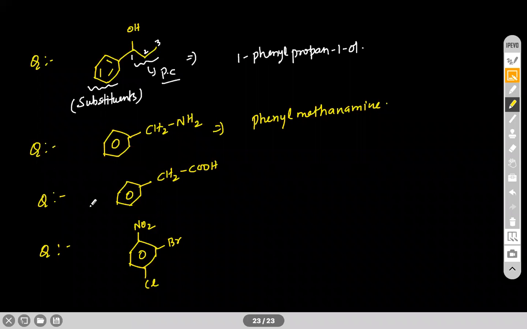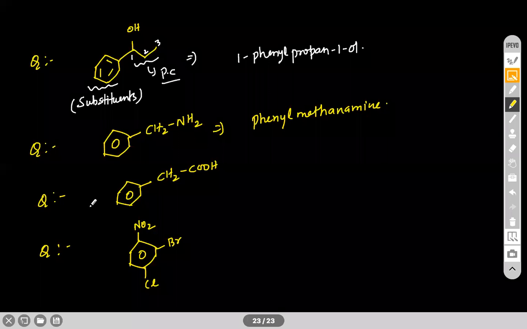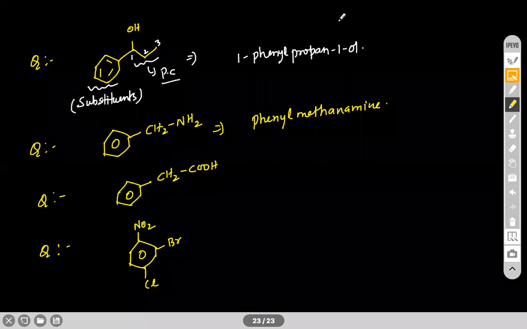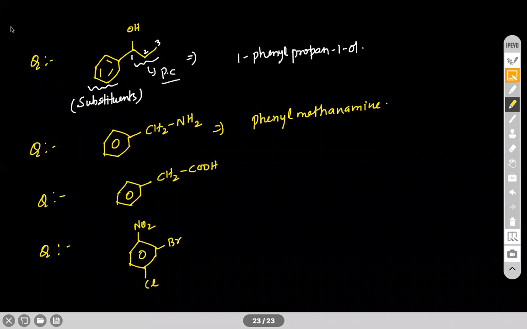Tell me the name of this one. Yes, 2-phenyl, not only phenyl, because this is the chain we have. So 2-phenyl ethanoic acid.